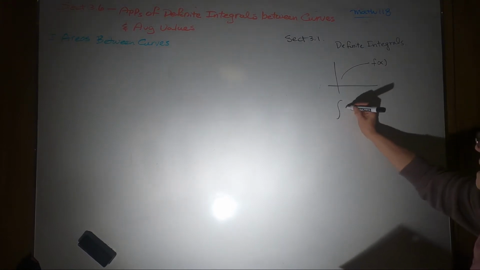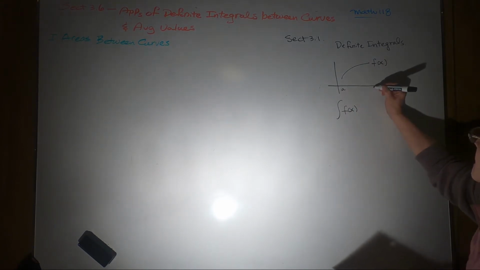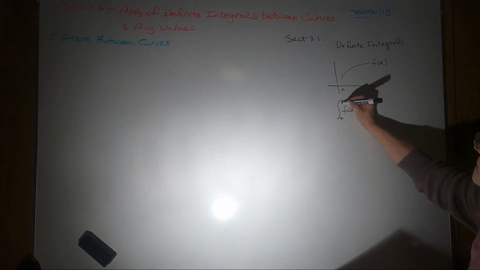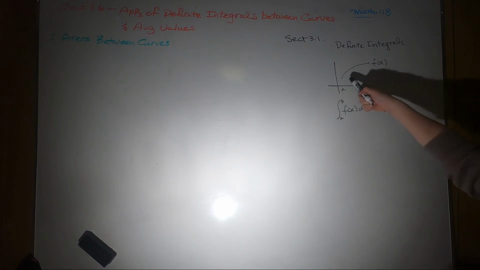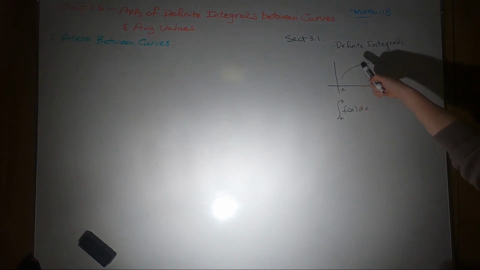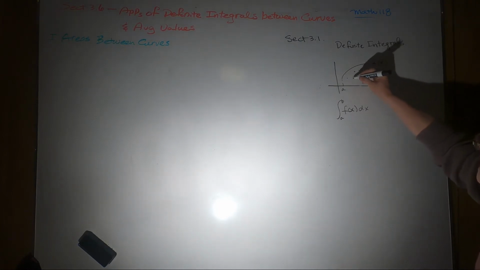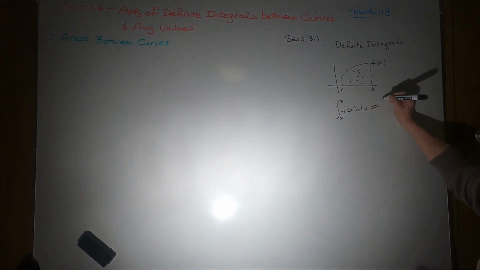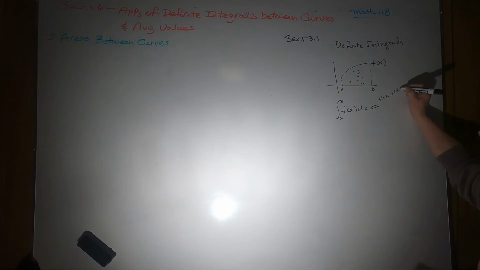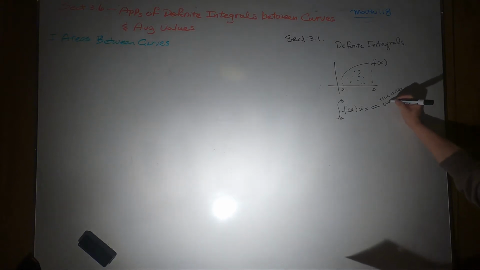If we take the antiderivative of this curve from a to b, against the x, it ends up being the same thing as the area under the curve.